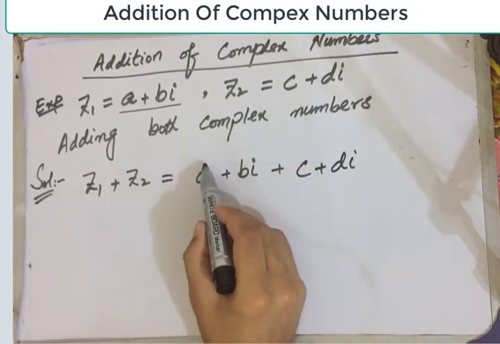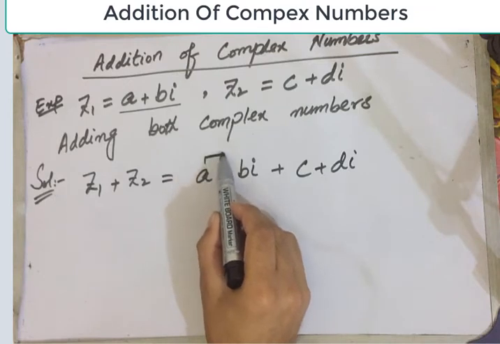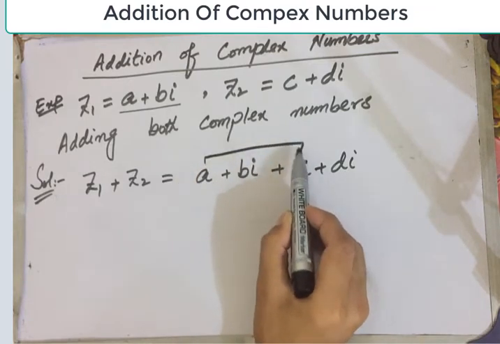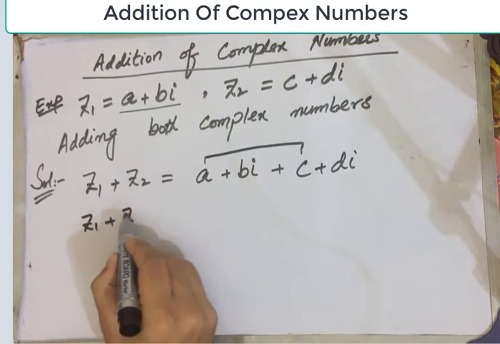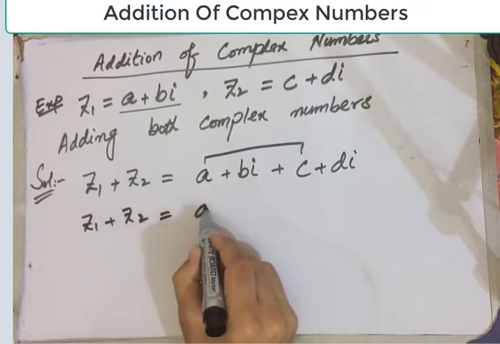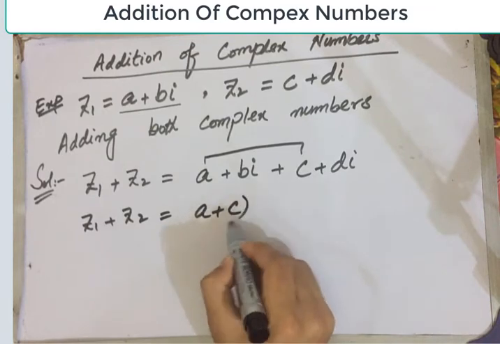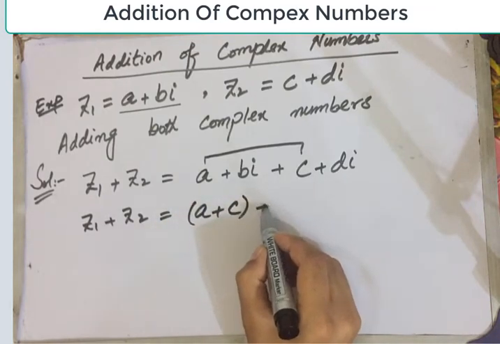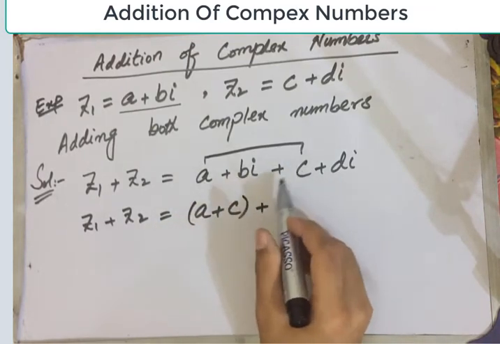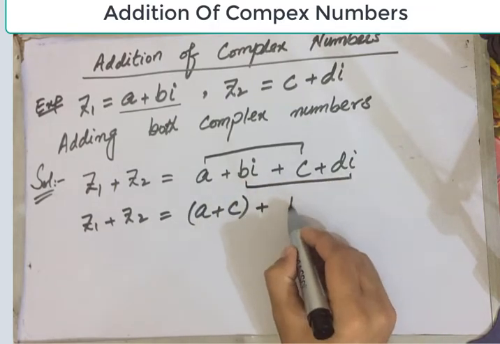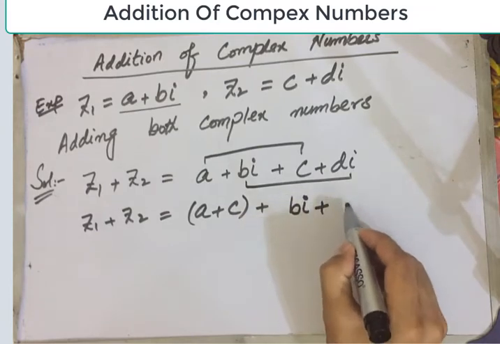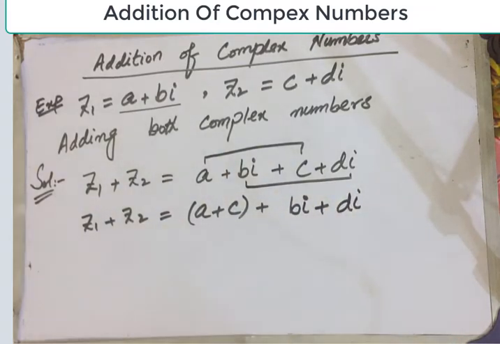So we simply add the real parts with each other, which is a plus c. z1 plus z2 will be equal to a plus c, which is its real part, and then the imaginary numbers will be added with each other, which is b iota plus d iota.